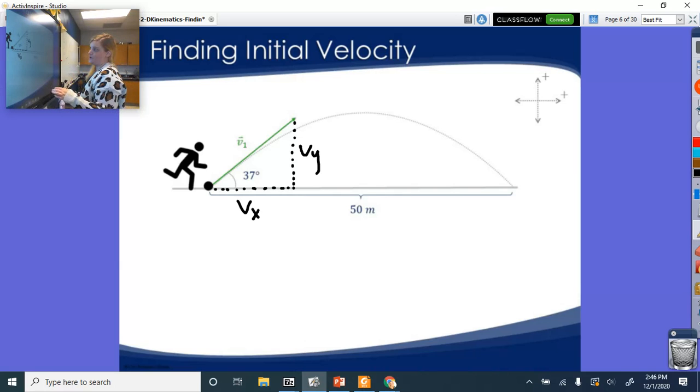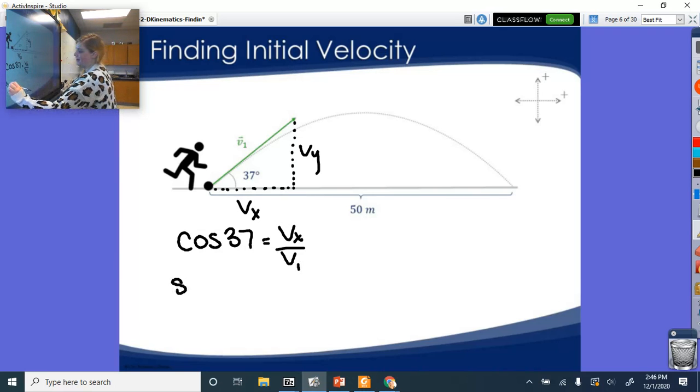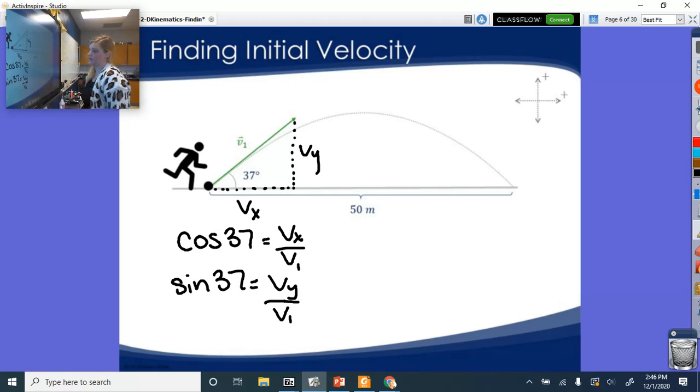So we're going to just keep all the variables in their place. So let's say the cosine of 37 is going to be Vx over V1, and the sine of 37 is Vy over V1.